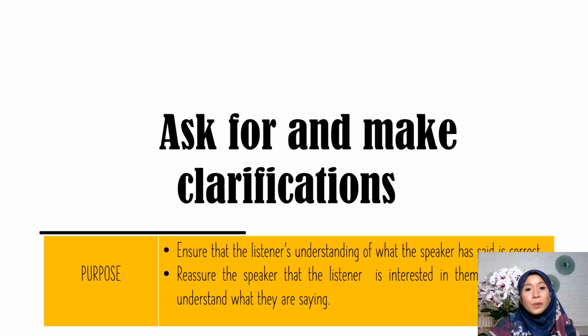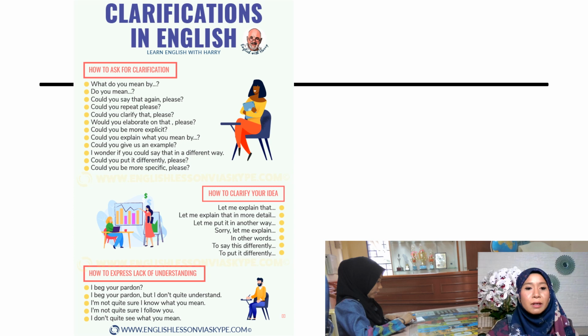So the purpose of asking clarification is to ensure that the listener understands what you are saying, right? It reassures the speaker that the listener is interested in them. So these are the common expressions on how you want to ask clarification in English.